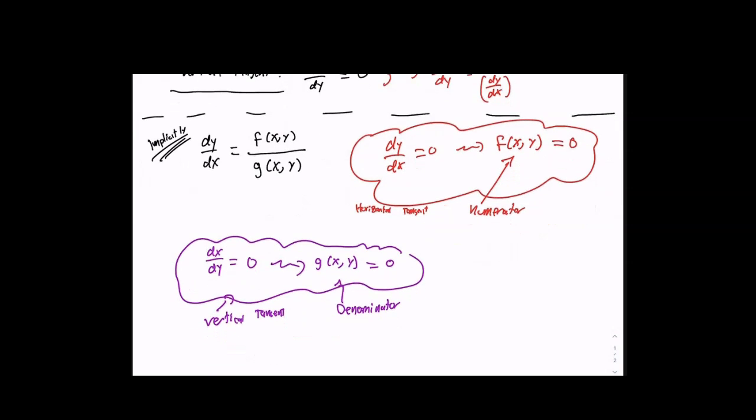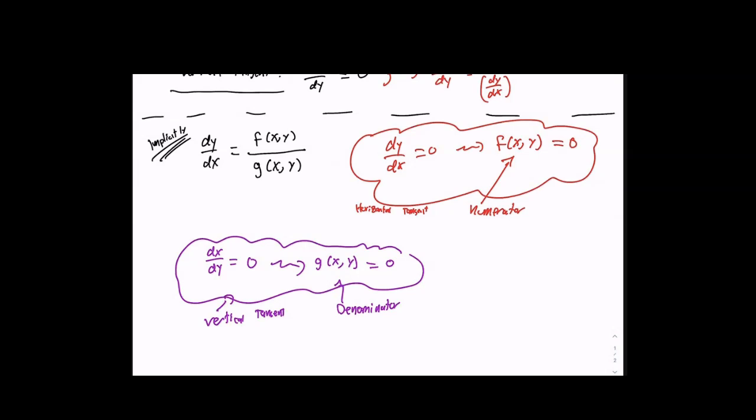So on the AP exam, typically what happens is they give you dy/dx. Some problems will give you the implicit function, and they'll say things like, show that dy/dx equals blank, and so they'll give you dy/dx. I've never seen a problem on the AP exam with implicit differentiation where they didn't give you dy/dx.